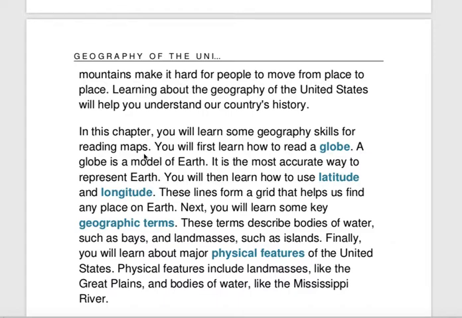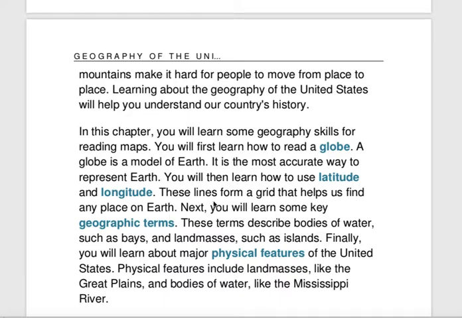In this chapter, you will learn some geography skills for reading maps. You will first learn how to read a globe. A globe is a model of Earth. It is the most accurate way to represent Earth. You will then learn how to use latitude and longitude. These lines form a grid that helps us find any place on Earth.